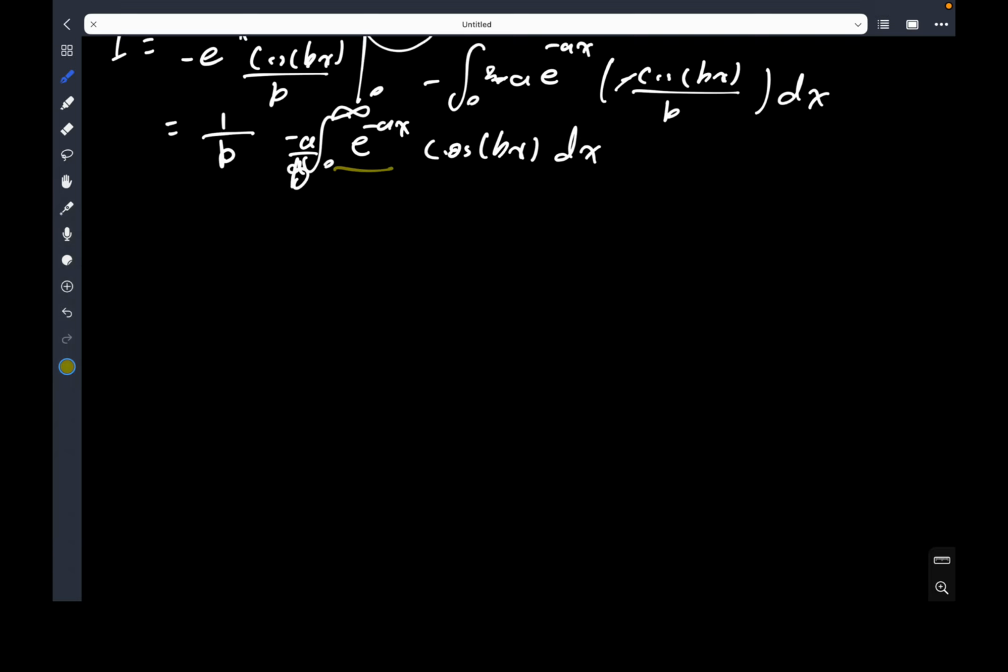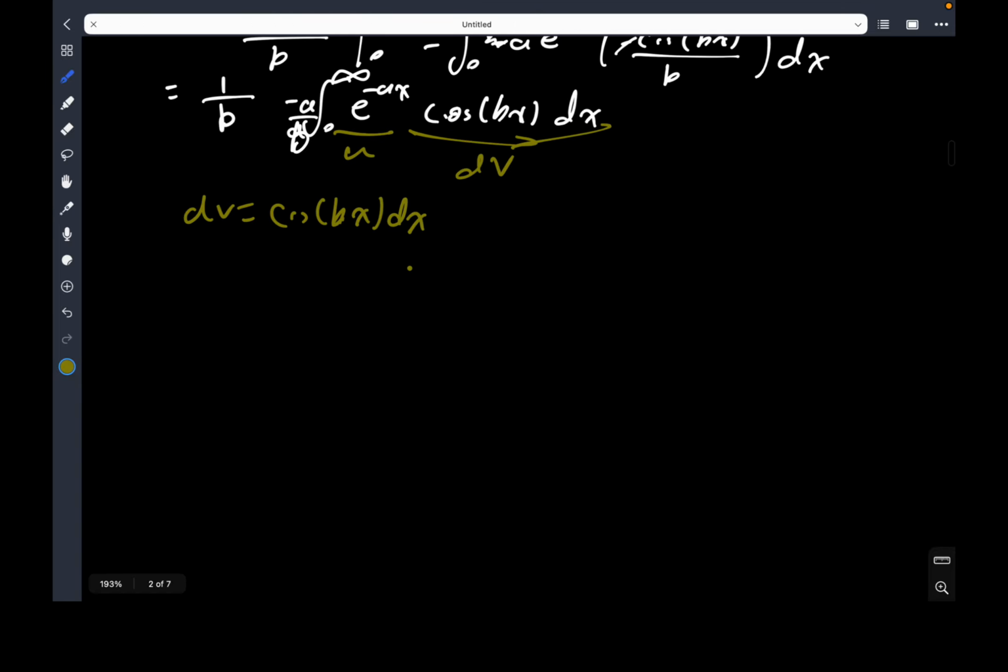So this is my u, this is my dv. dv is cosine bx dx, and u is e to the negative ax, thus du is negative a e to the negative ax dx.